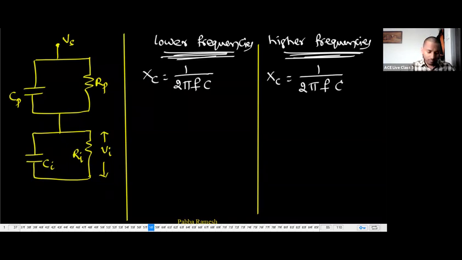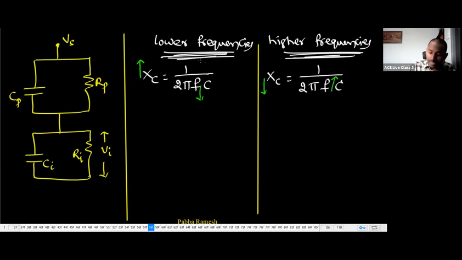If the frequency is low, XC is high. If the frequency is high, XC is low. If XC is more, opposition will be more. If the opposition is more, the signal will not pass through the capacitor properly.